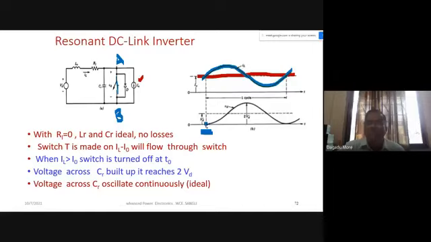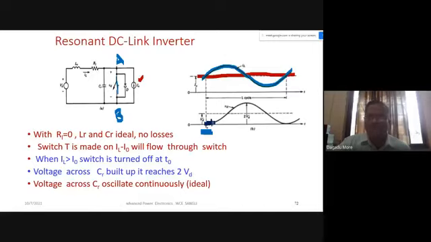So we make the switch on for a very short duration, and after the DC link is shorted, we open it. During that period the inductor stores energy because a large current flows. Because of the energy stored in the inductor, our current IL will go on increasing, then go on decreasing.